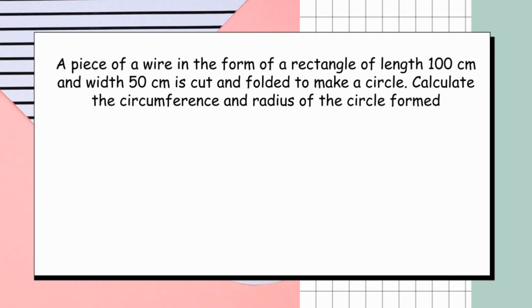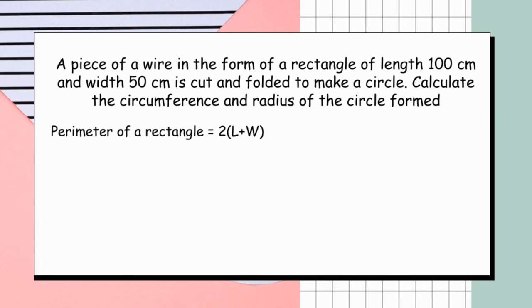A piece of wire in the form of a rectangle of length 100 centimeters and width 50 centimeters is cut and folded to make a circle. Calculate the circumference and radius of the circle formed. The circumference of the circle formed equals the perimeter of the rectangular wire.